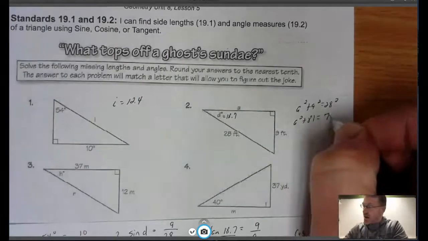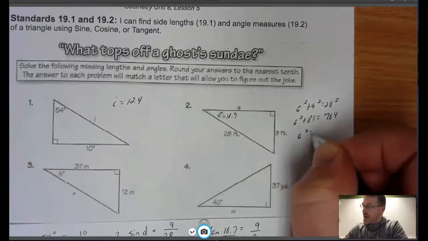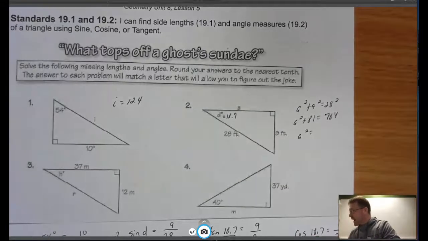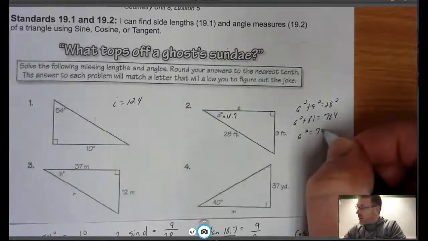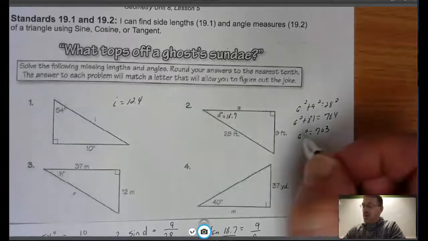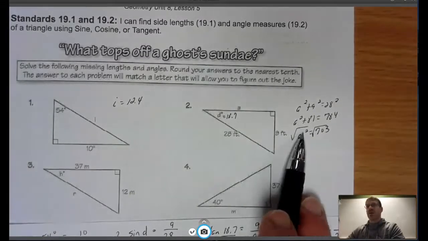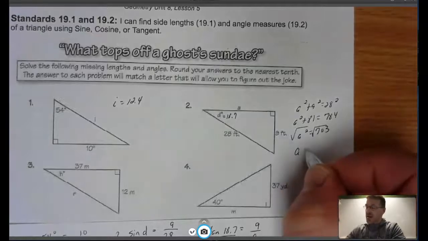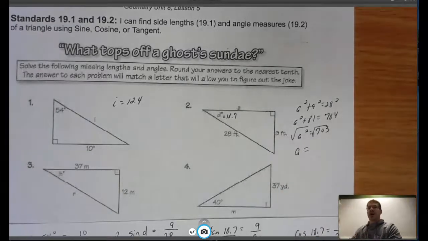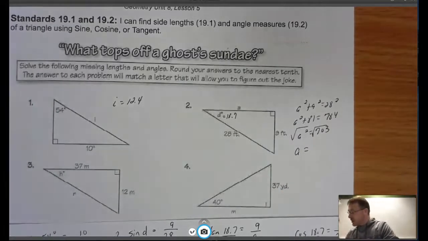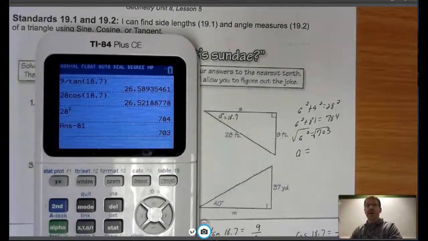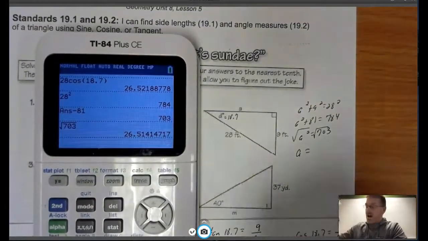If I subtract 81 from both sides, A squared equals 703. Then I'm doing the inverse: taking the square root of each side. Square root and square are inverses, and that leaves me just the A. They undo each other in the same way the sine and sine inverse did. I can take the square root of 703, and let me move this here so you can see what we get. And notice I get 26.5 again.